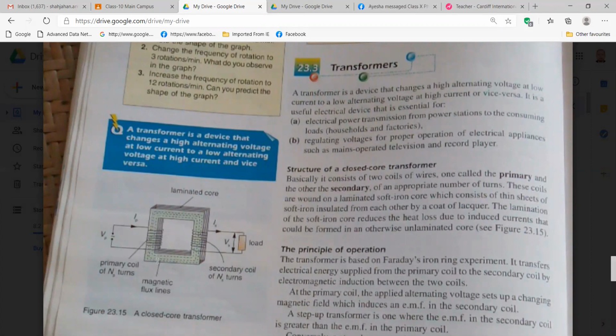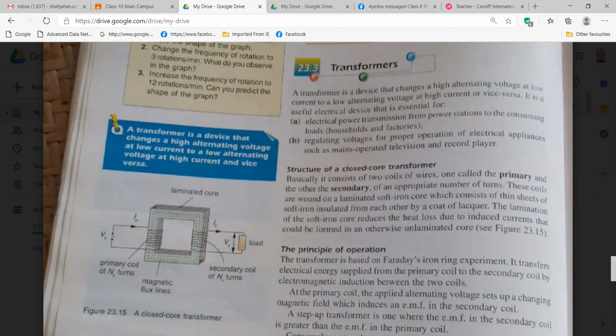From the right hand grip rule, we will get north pole and south pole, and again south pole and north pole on the two sides. So there is a change in magnetic field, and due to this change in the iron core, we are having induced EMF in the secondary coil.